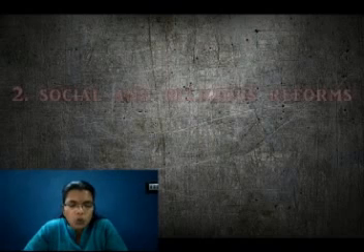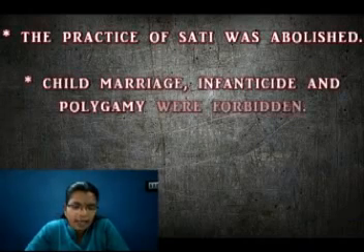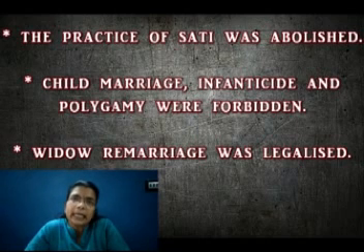The next thing is social and religious reforms. You know that under British rule, the sati system was abolished. Infanticide and polygamy were forbidden, and widow remarriage was legalized.